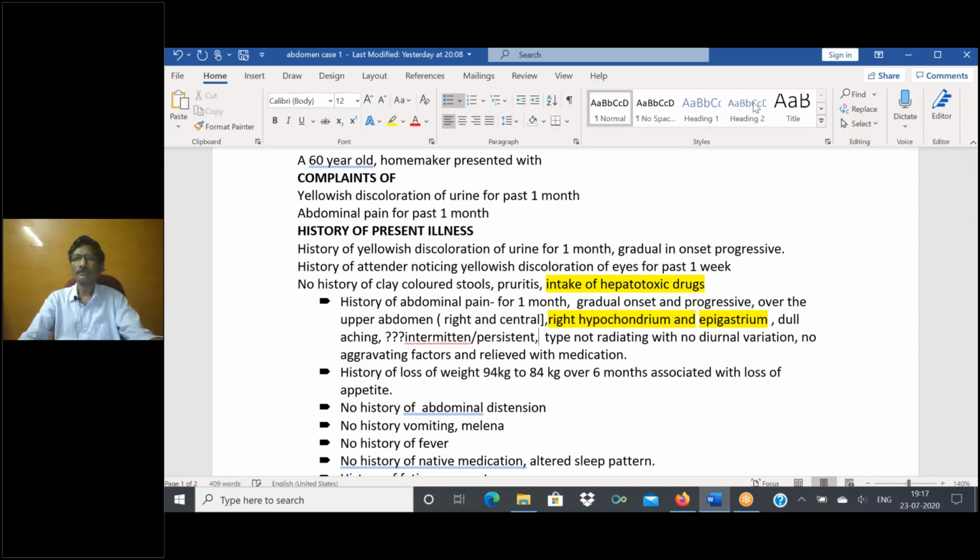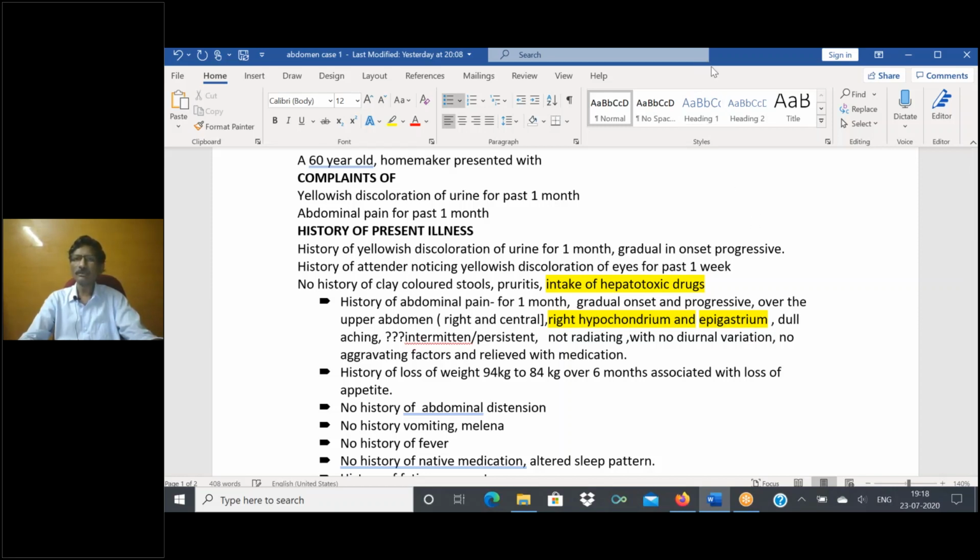Okay. Now, not radiating, no diurnal variation, no aggravating factors, relieved with medicine.